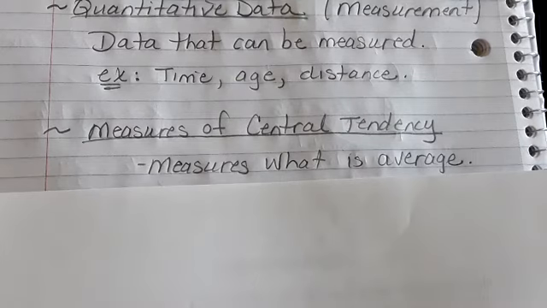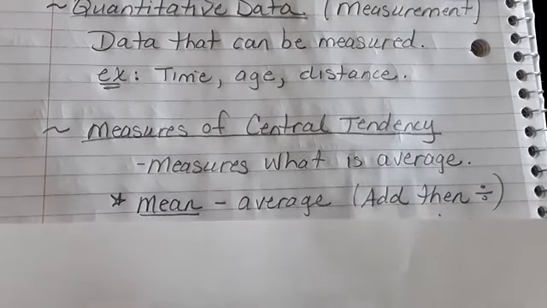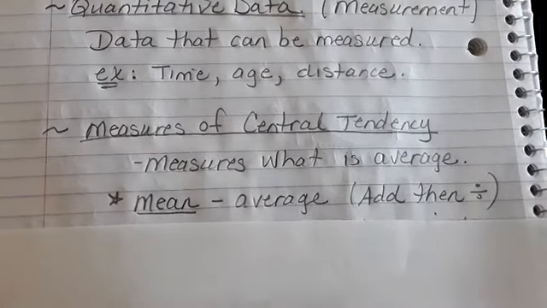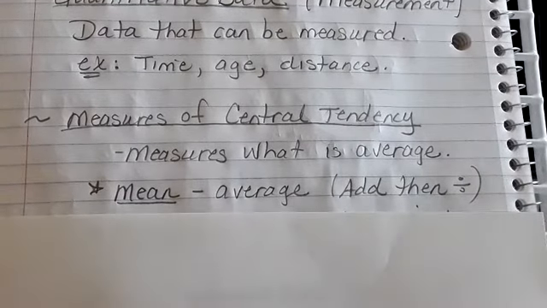And the most common one may end up being your mean. Your mean is the average when you add up all your values and you divide by how many values you have. So that's your first measure of central tendency. The average that you're familiar with. You add and then divide.